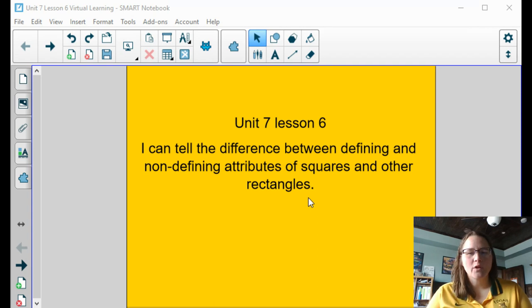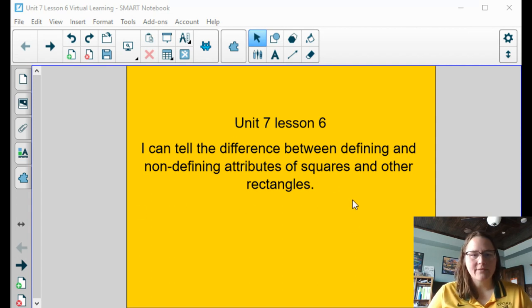Today, we're going to learn how we know a square is a square, and why a rectangle is a rectangle. Okay, so today, our lesson, hopefully, you will be able to say, I can tell the difference between defining and non-defining attributes of squares and other rectangles.